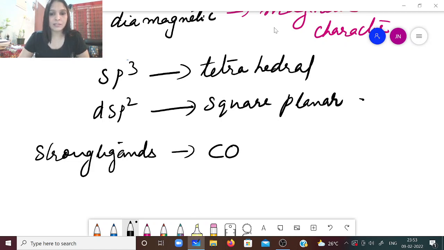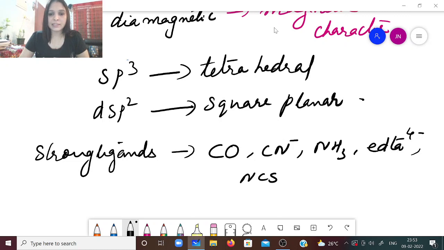Next is CN minus, also very strong. Then ammonia is strong. Then EDTA4 minus is strong. Then NCS minus, that is thiocyanate, also is strong.